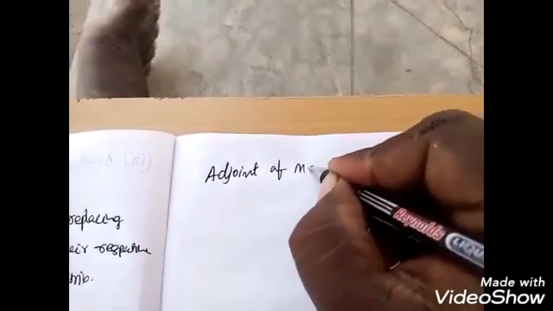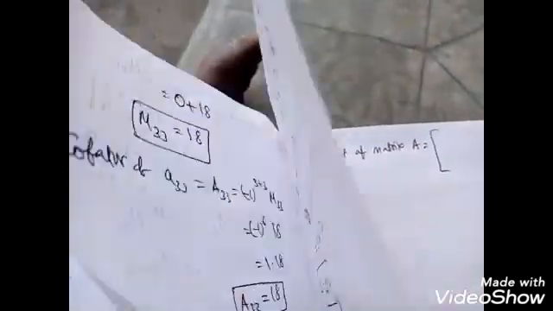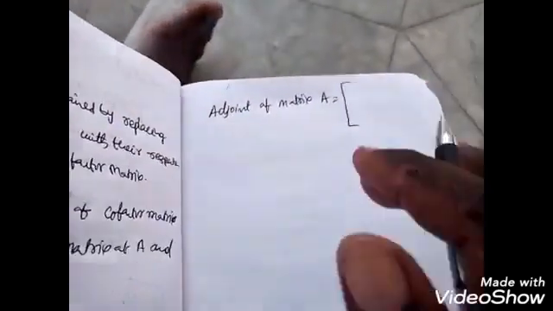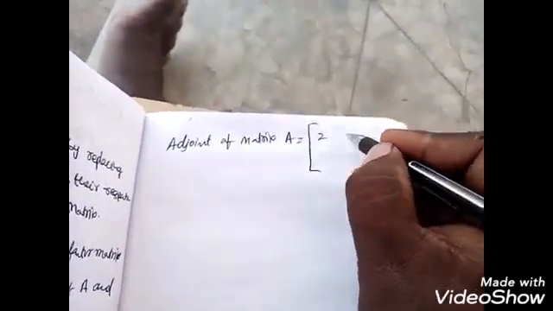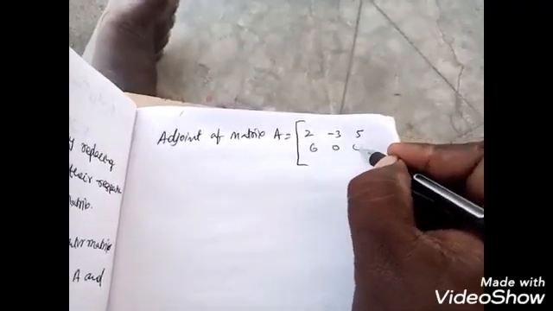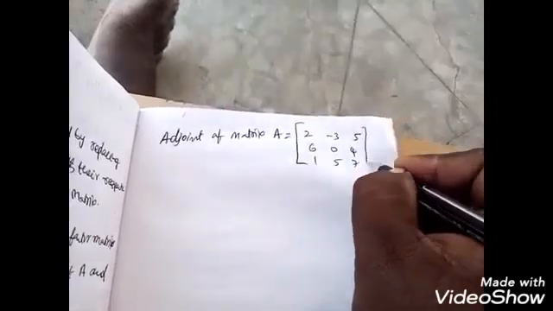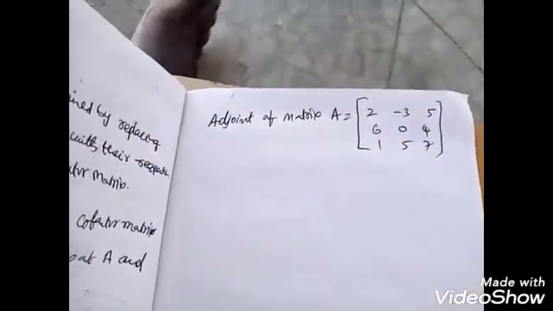Okay, so we observe some examples. Adjoint of matrix A is equal to, I am taking the one which you solved in the last example: 2, minus 3, 5, 6, 0, 4 and 1, 5, 7. Okay, this is the question.